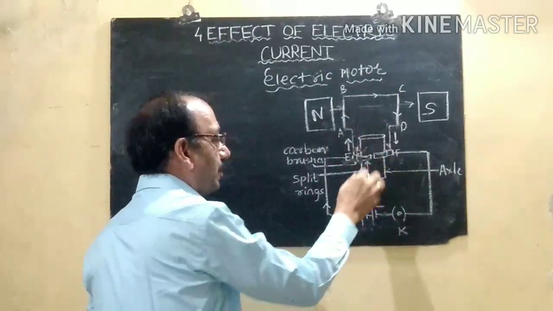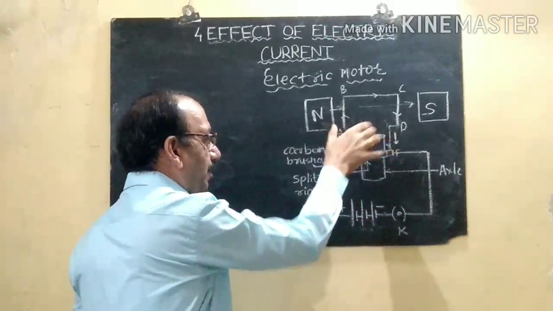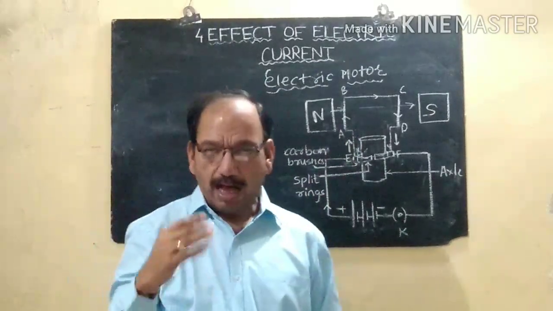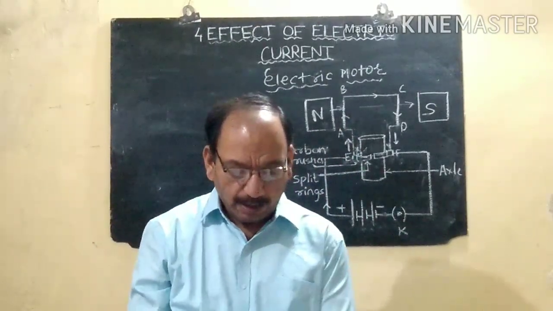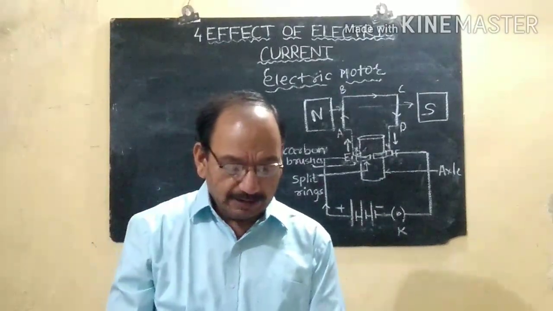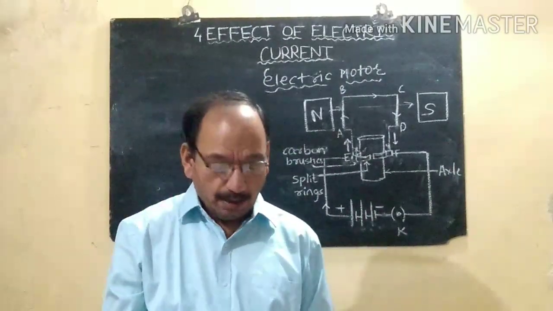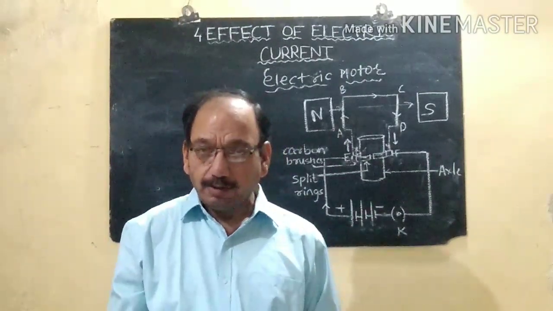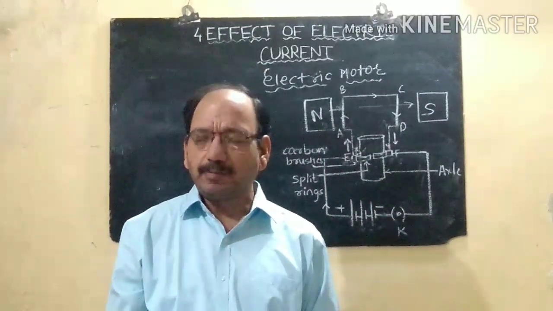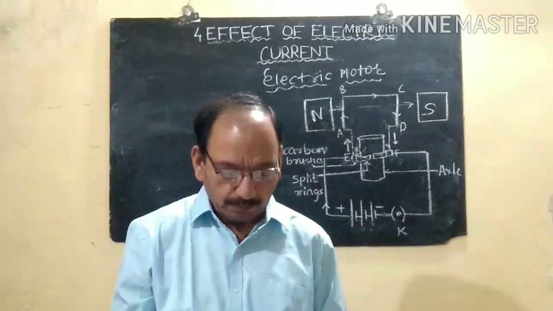When we place this armature coil in the magnetic field, the AB arm goes in a downward direction, and CD goes in an upward direction. We can conclude the direction of force on the arms AB and CD with the help of Fleming's left hand rule.